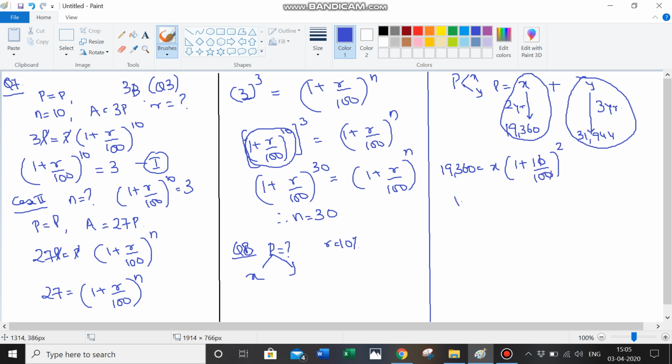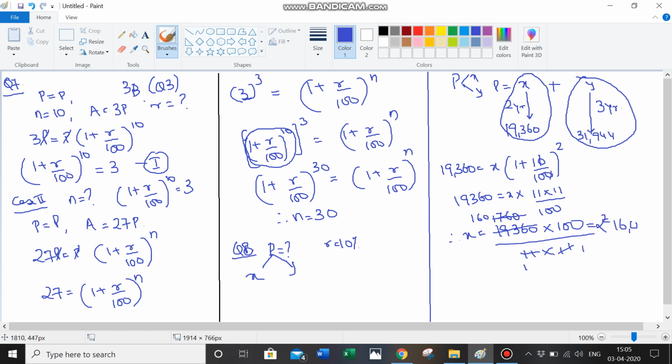So 19,360 is equal to X multiplied with 11 into 11 upon 100. Therefore, X is equal to 19,360 into 100 upon 11 into 11. If we do this calculation, 11 into 1760, and 11 into 160. So the first part of my principal is 16,000.